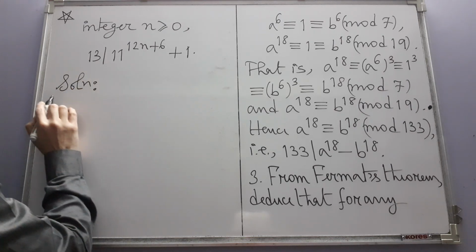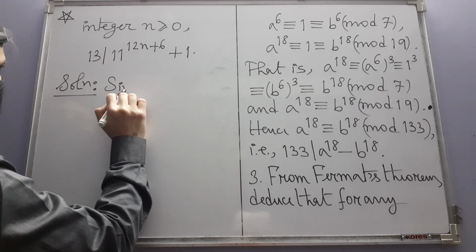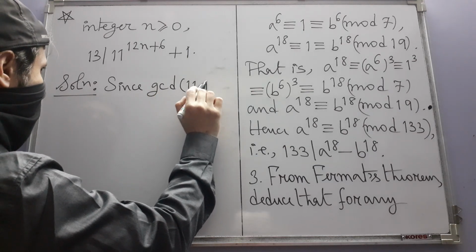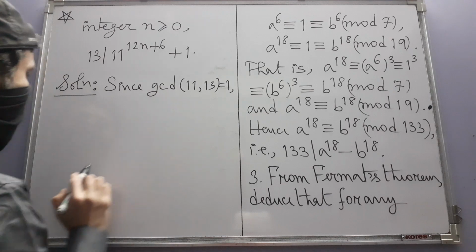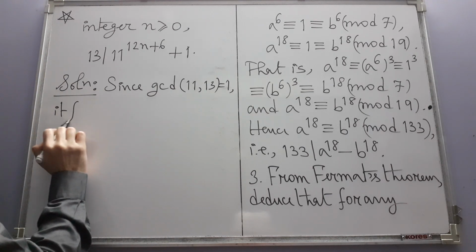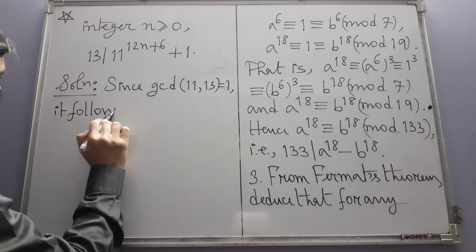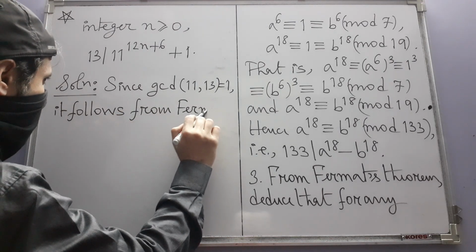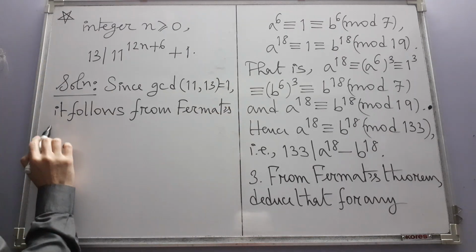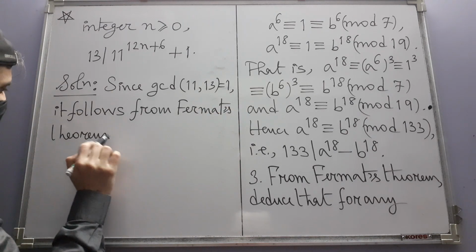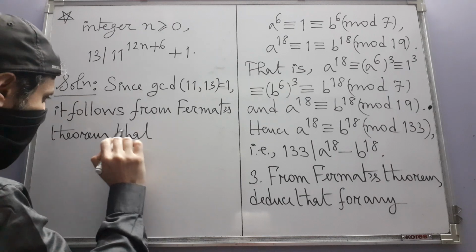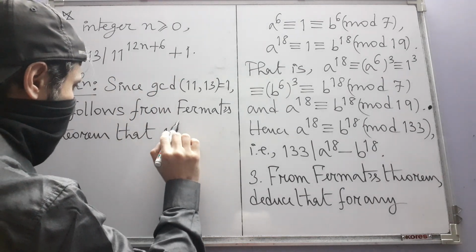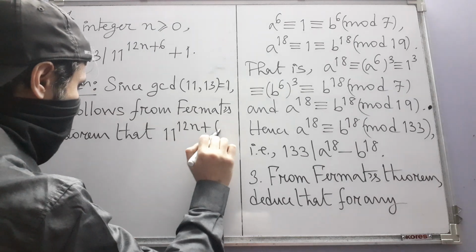Since GCD of 11 and 13 is 1, it follows from Fermat's theorem that, let us straight away consider this power 12n plus 6.